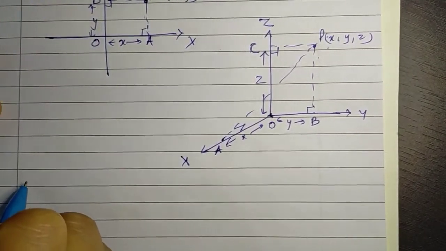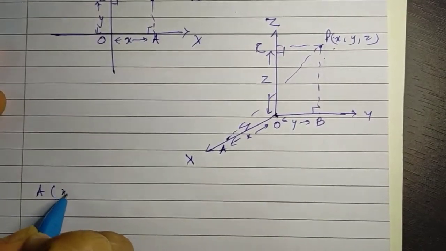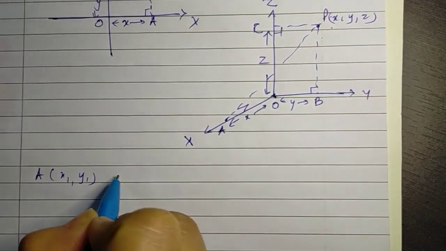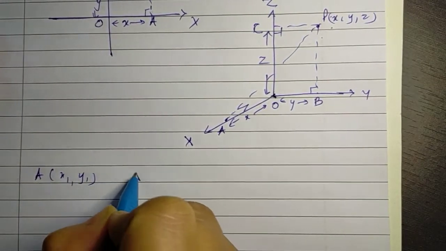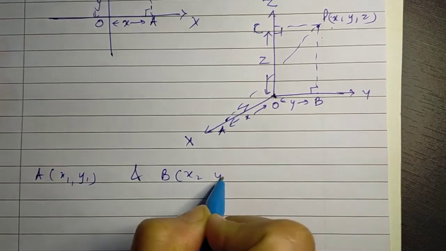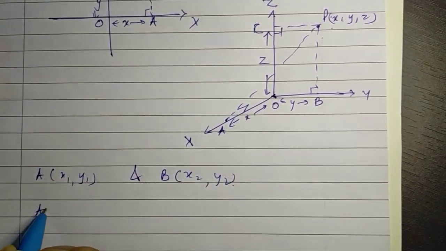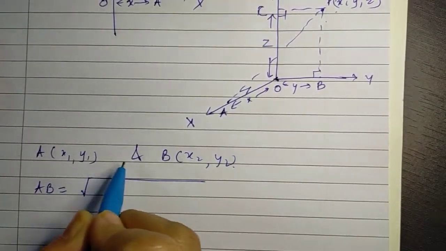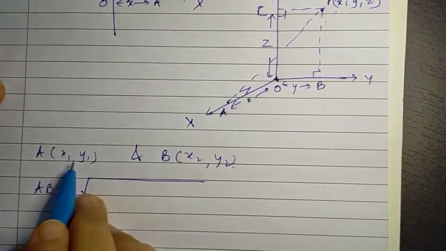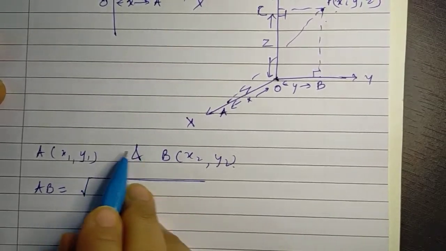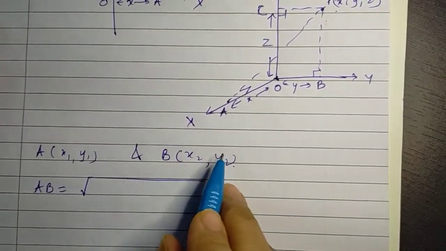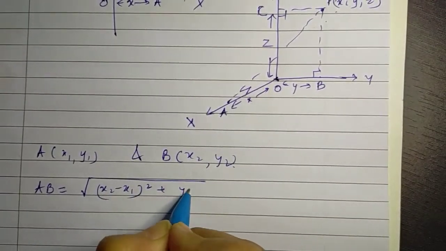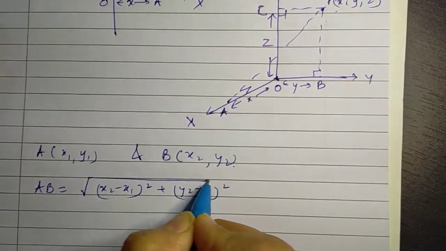We know that given any 2 points, A having coordinates x1, y1 and B having coordinates x2, y2 on the xy plane, the distance AB is given as the square root of the sum of squares of the differences of the coordinates. So x2 minus x1 whole square plus y2 minus y1 whole square.